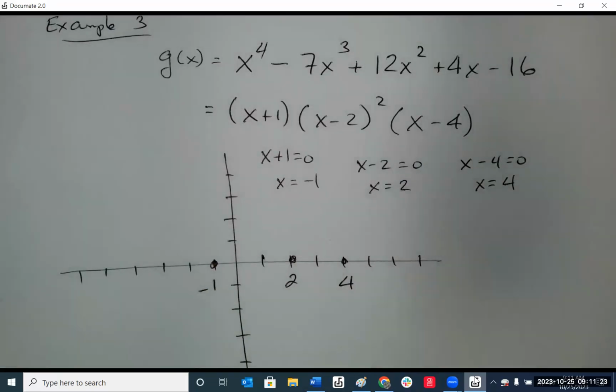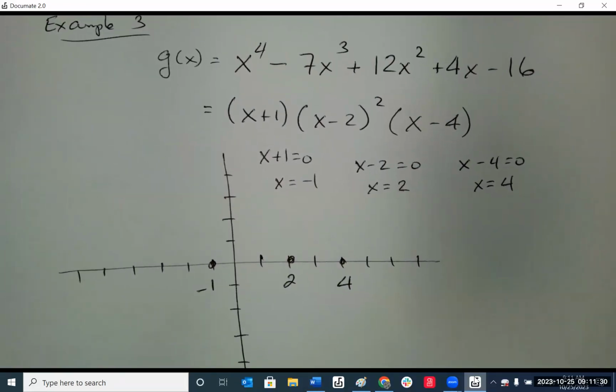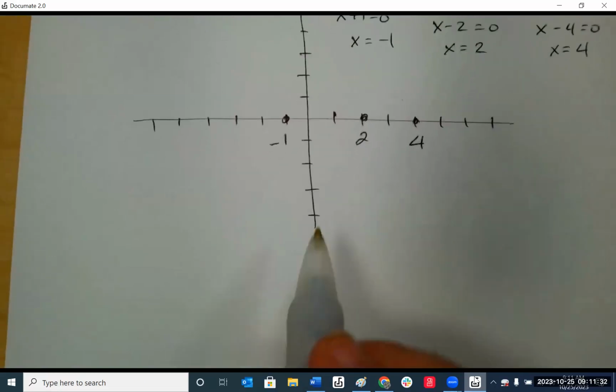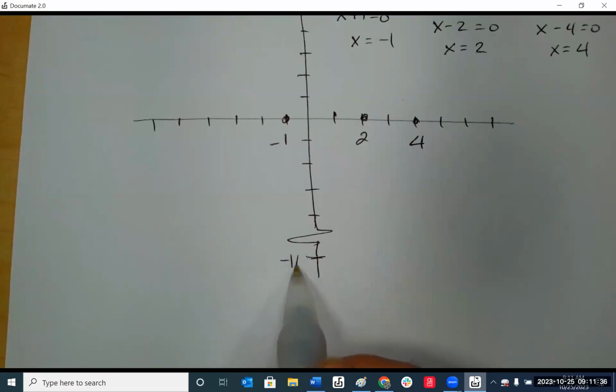So those are the x-intercepts. What's our y-intercept? Very good. It's at -16.